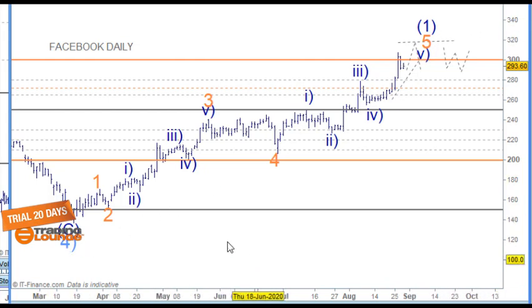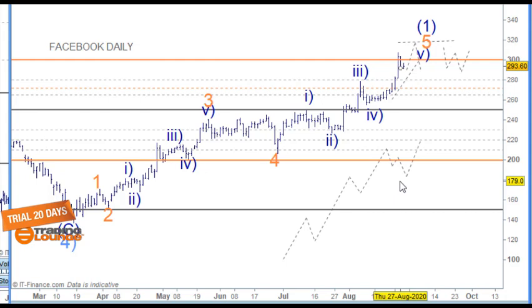Because we've gone past the 5 waves, 1 and 2 and 3 and 4 and 5 here, and let's just say we get a small correction here, and then we go higher. Well, then I need to relabel this whole structure here. So we'll probably have to do that based on what I can see with Google and Alphabet and so on.